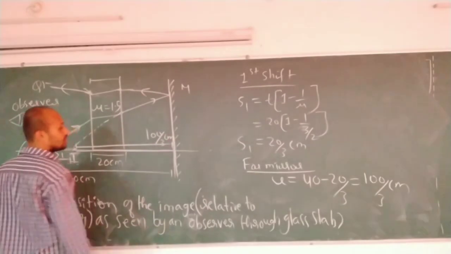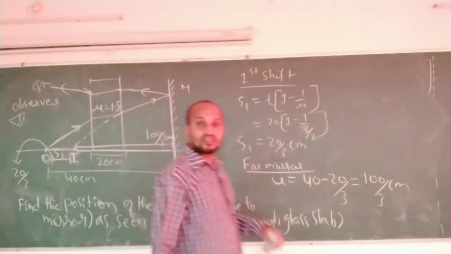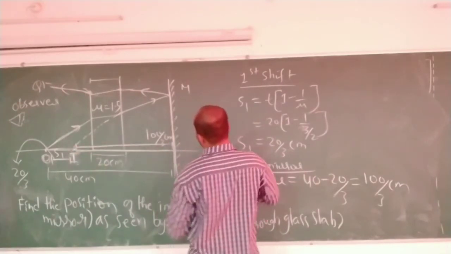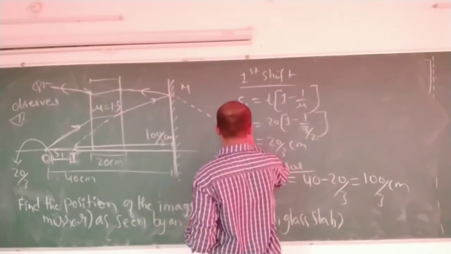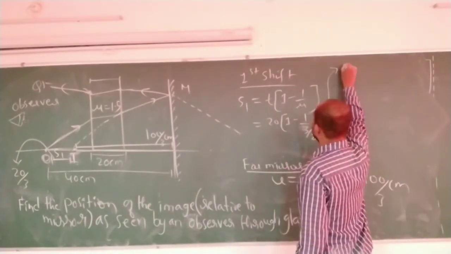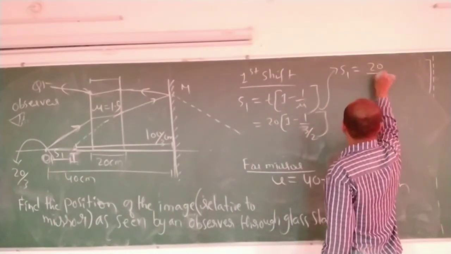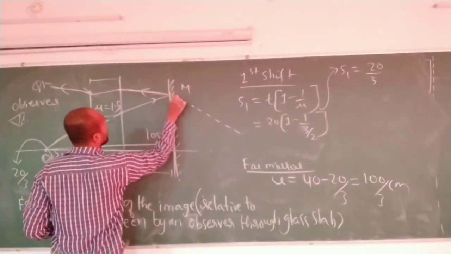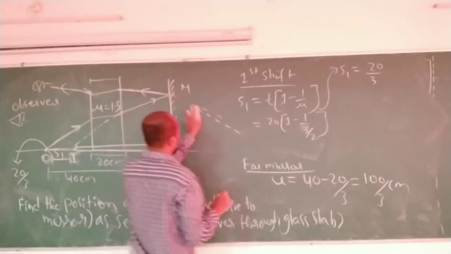So obviously, if this is 100 by 3 centimeter, after reflection this ray will form somewhere here. This ray has to be extended.